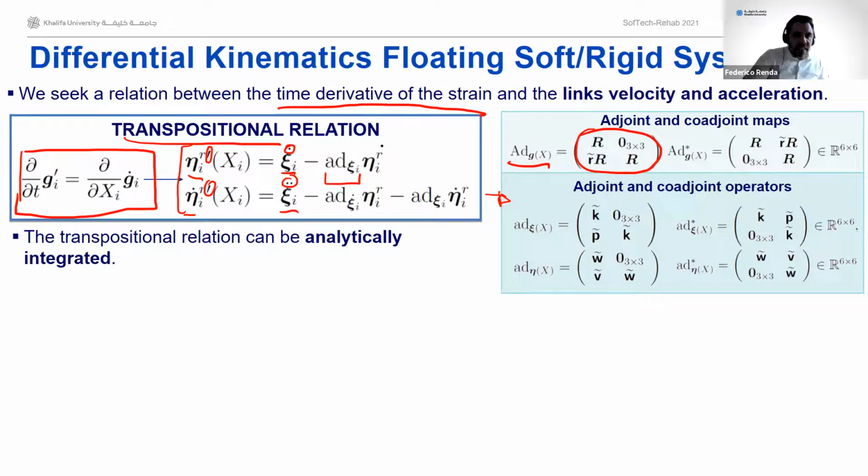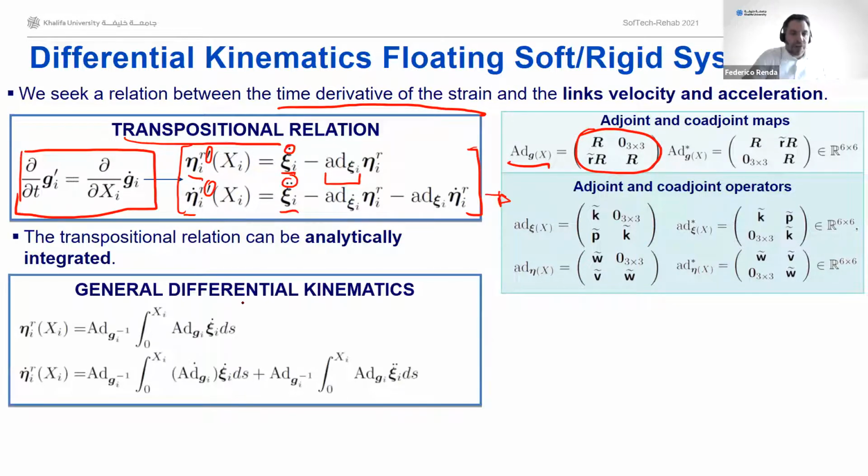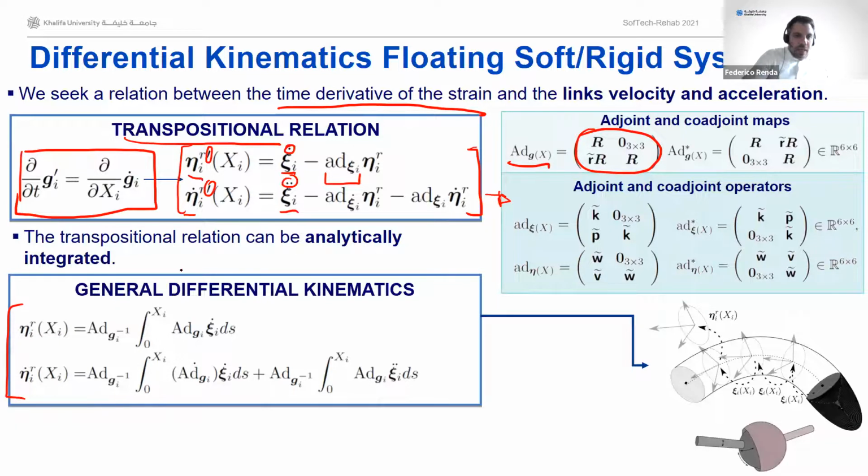Now, once again, this transpositional relation can be integrated in space. They are matrix differential equations that can be integrated, at least formally, and this is the result of your integration. And this is a fundamental relation because it relates what we were looking for, the relative velocity and the relative acceleration, with the time derivative and second time derivative of the strain.